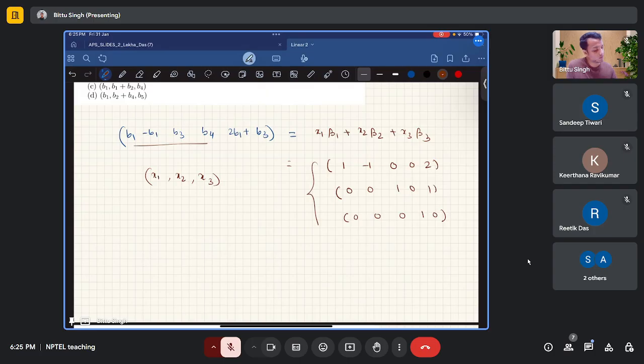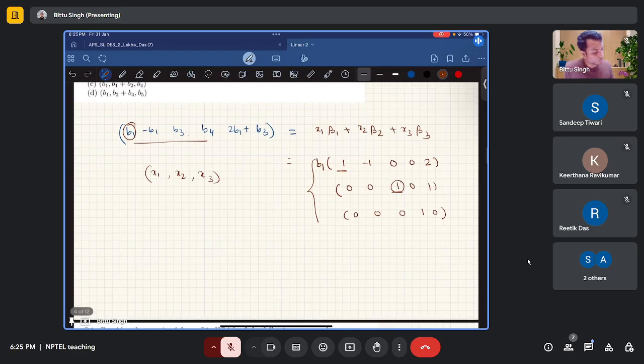Can you write? You can see the first entry should be b1, therefore it is b1 times this. Again here the third entry is 1 there, and you can notice that the third entry is b3, so it should be b3 times this. And again here it contains 1 at the fourth place, where it is b4, so it should be b4 times this.